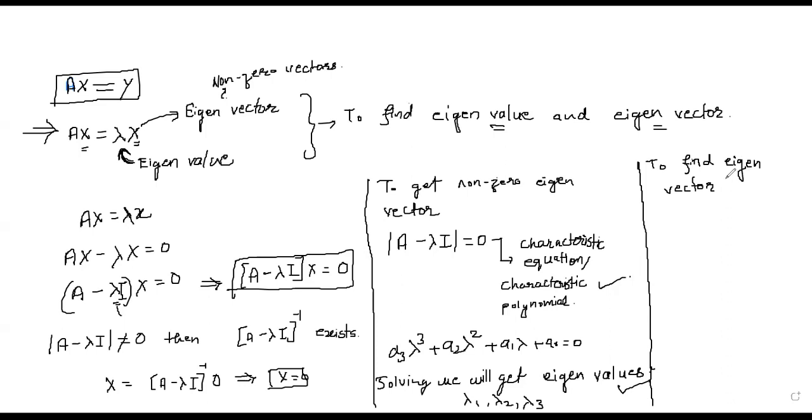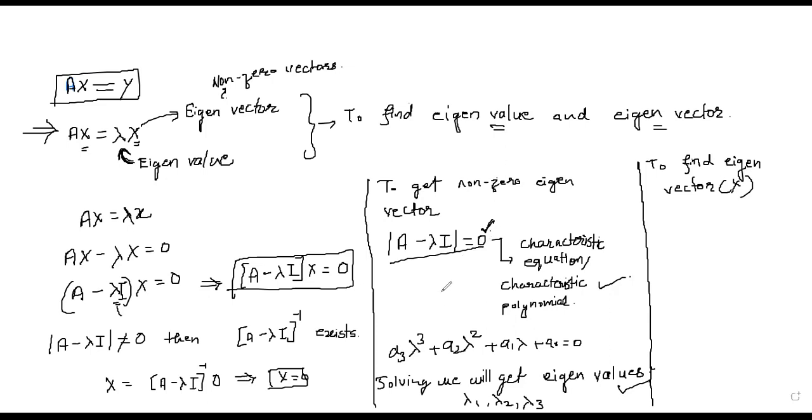We can put each lambda in the equation, that is, the matrix A minus lambda I equal to 0, the characteristic equation. Yes, Rameshwar, which one? How will you get x from this? What is an eigenvector? We need to find x.